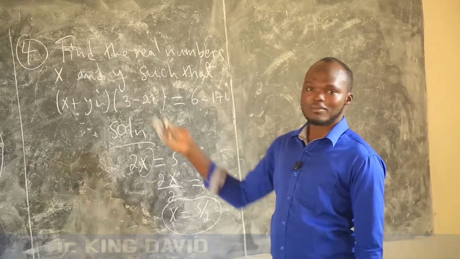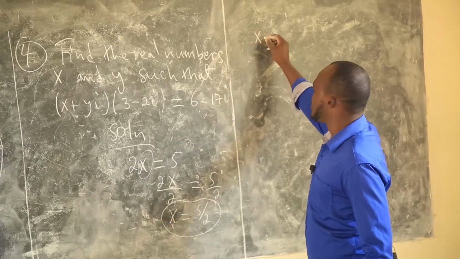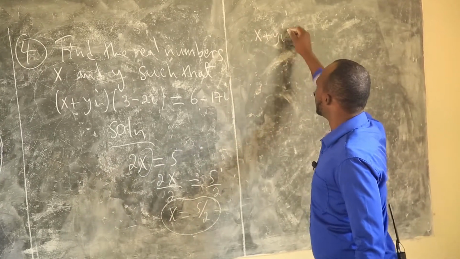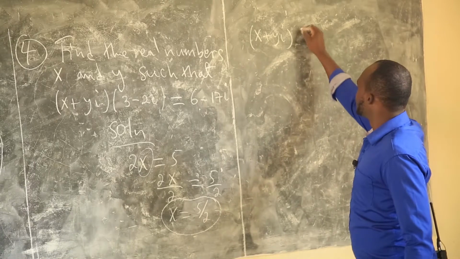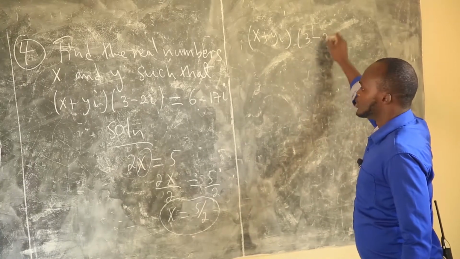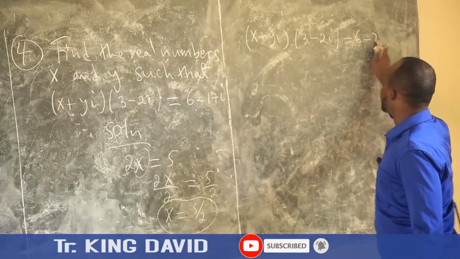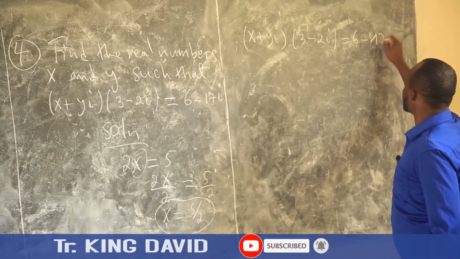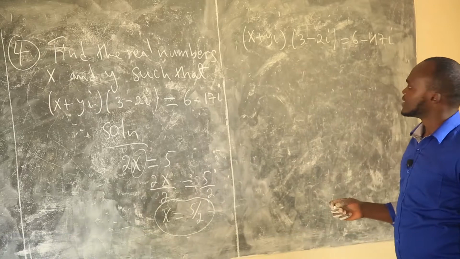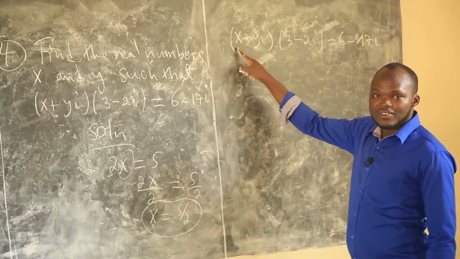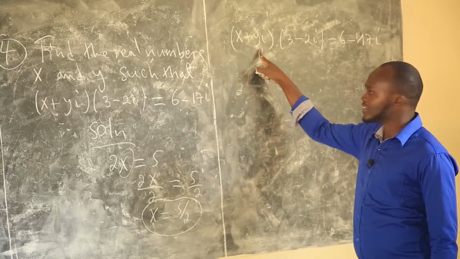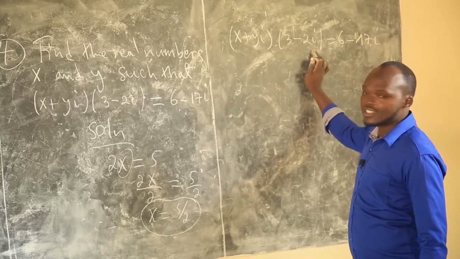So now, it is the same way. We have (x + yi) into bracket (3 - 2i) equal to 6 - 17i. So how am I going to do that? I need the value of x and the value of y. But I have this complex number here.